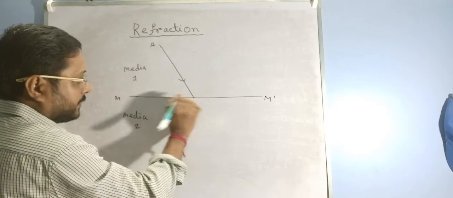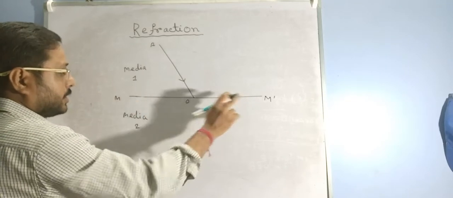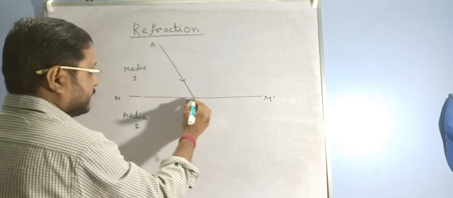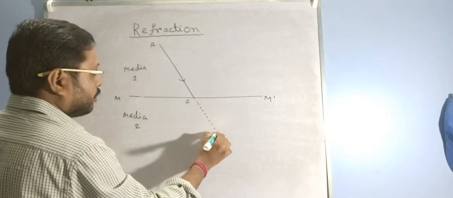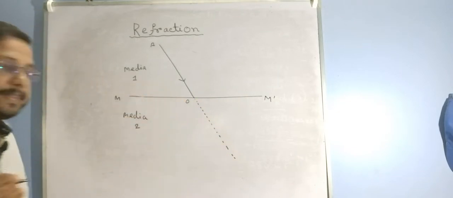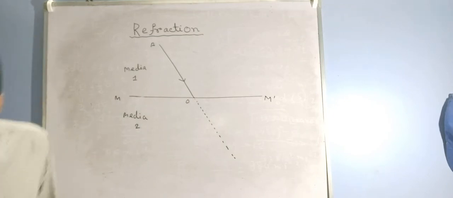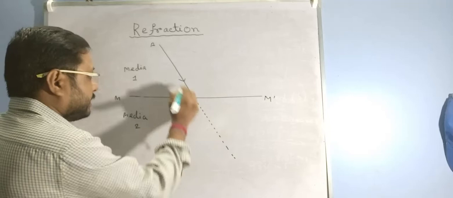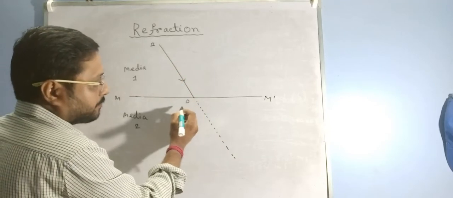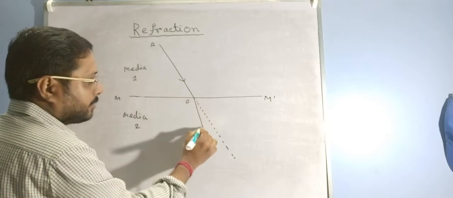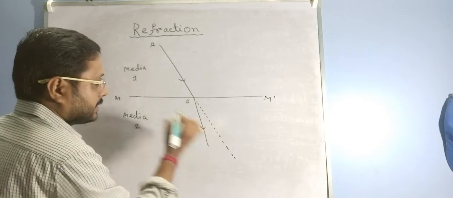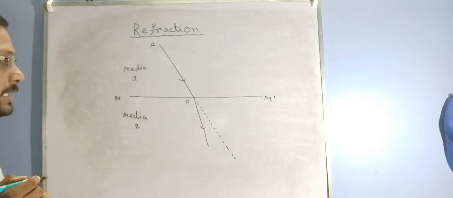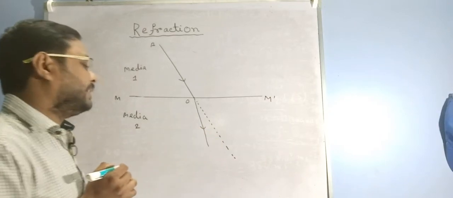If this interface was not there, the light would go along this direction. But due to this interface, the incident ray will bend from its original path. This is known as refraction of light.